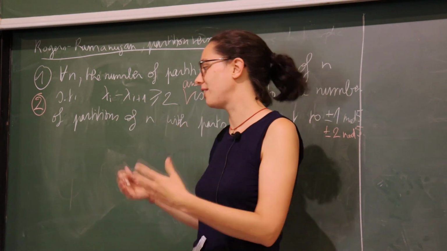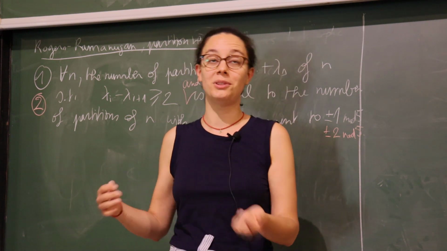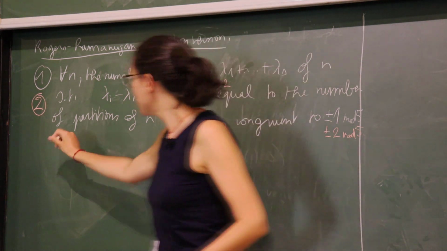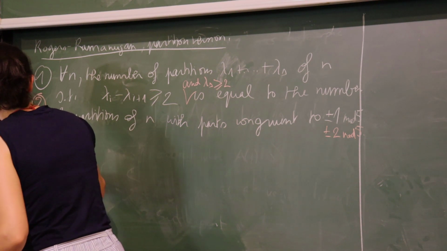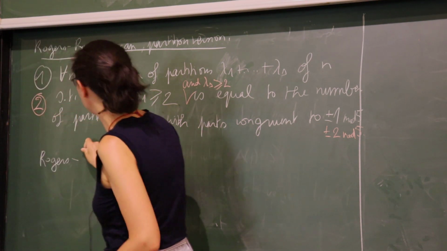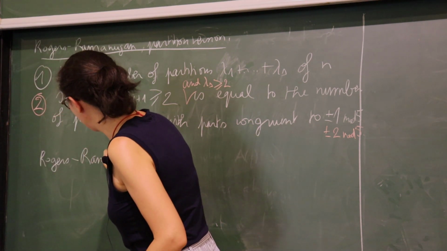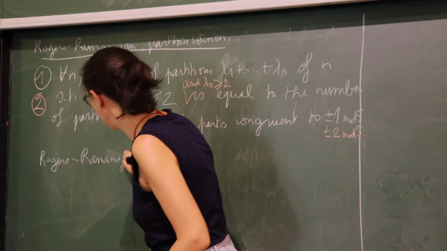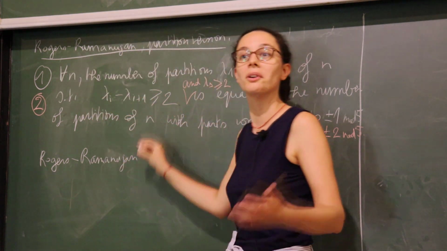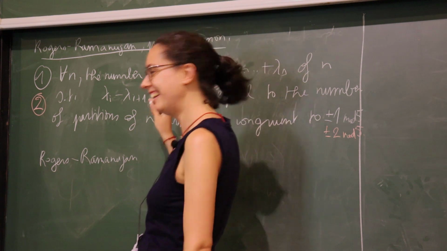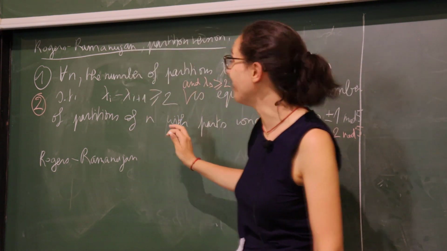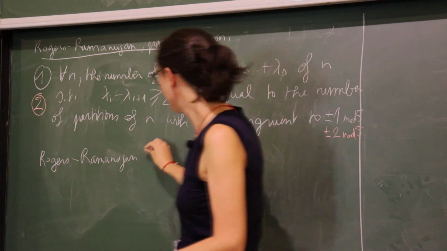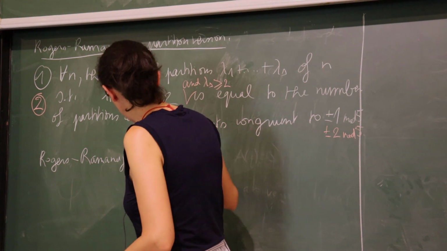And therefore, all those identities are called Rogers-Ramanujan type identities. So I write that because in the next few lectures that I will give, we will study mostly or only, depending on what exactly I will do, Rogers-Ramanujan type identities.